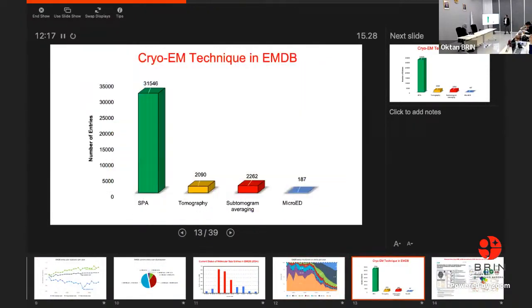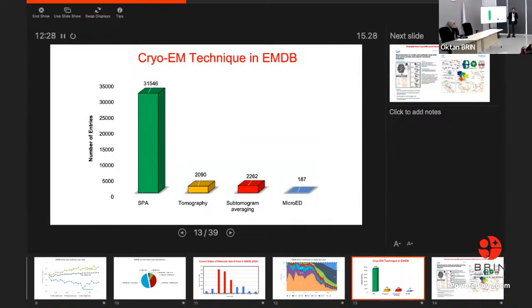Okay, continue. So this is the technique in EMDB. Mostly it is single particle analysis, then tomography data, tomogram averaging, and micro-ED. So the technique in cryo-EM is mostly single particle analysis.